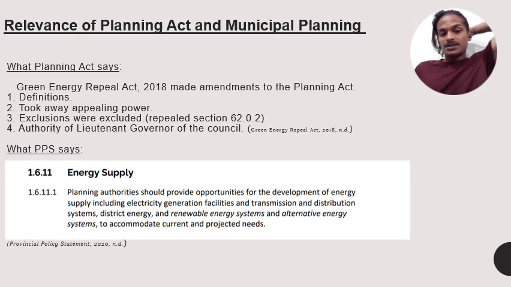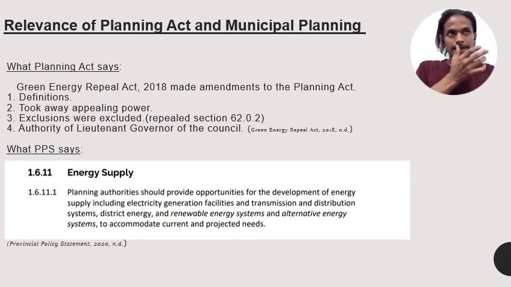That means section 62.002 of the Planning Act was repealed, and that act gave some special considerations to green energy projects. Those exceptions were excluded in selling the land, and there were many other exclusions for green energy projects.